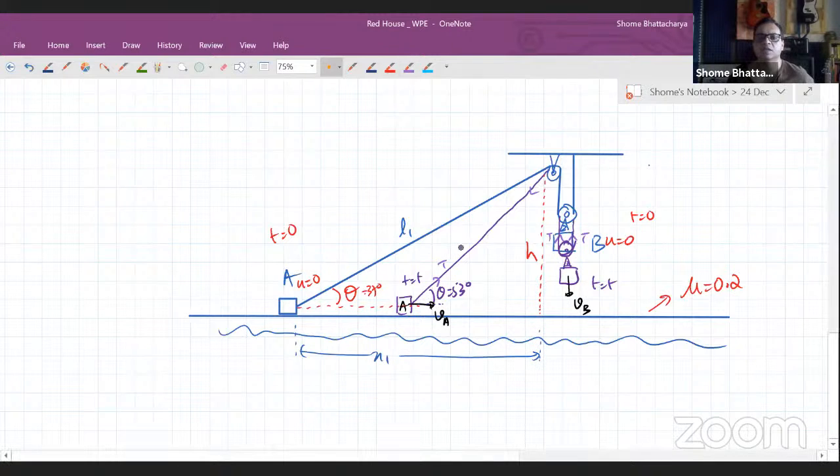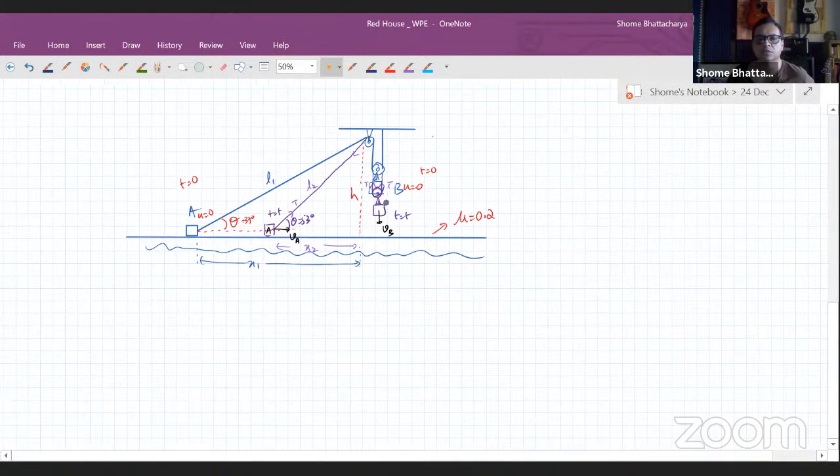In the new diagram, this hypotenuse is L2 and this base length is X2. So we have to develop a couple of constraint relations. If B has come down by Y, from thread length conservation we have L1 minus L2 is equal to 2Y.